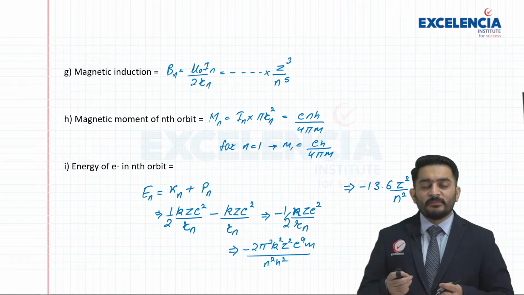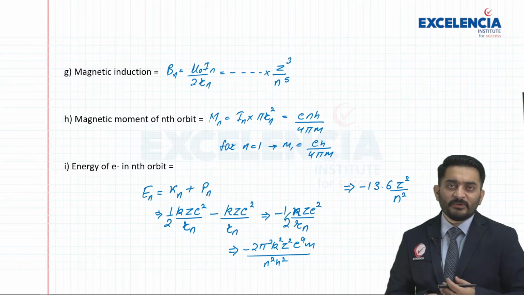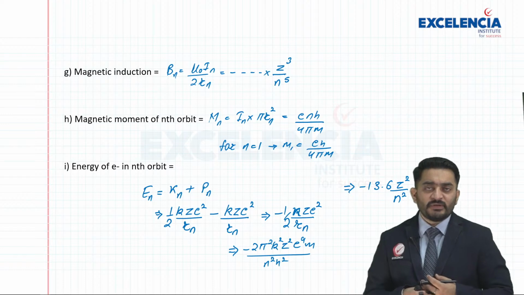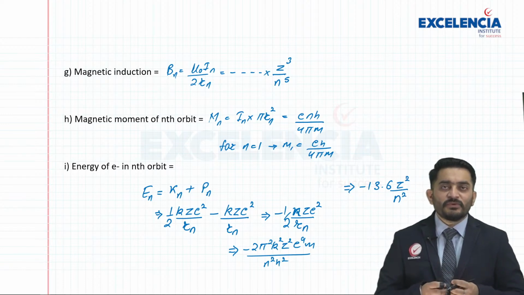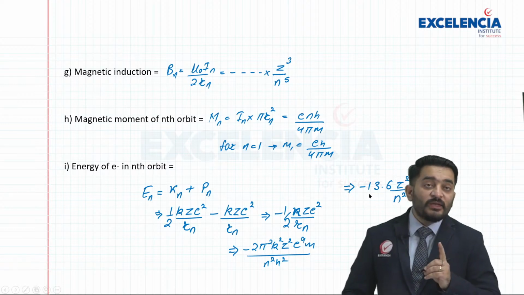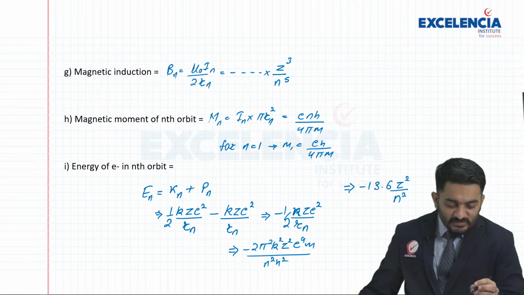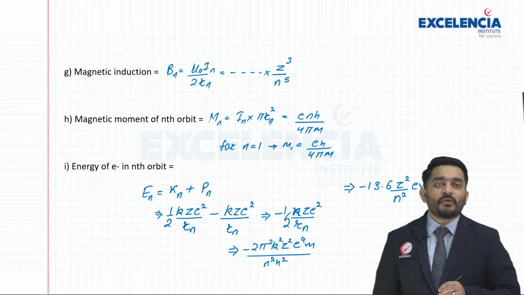Now you need to understand that all these results are applicable to the hydrogen atom, because when we go to a higher number of protons in an atom, this case has its own drawbacks. One more important thing to remember is that this 13.6 Z square over n square which I am calculating is also written in electron volt.